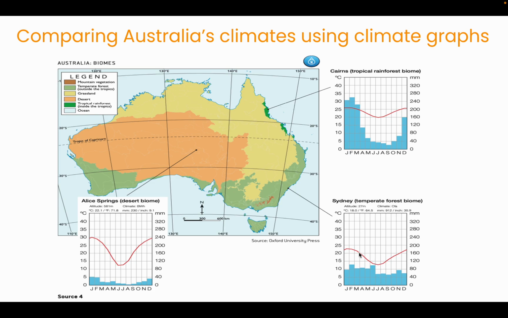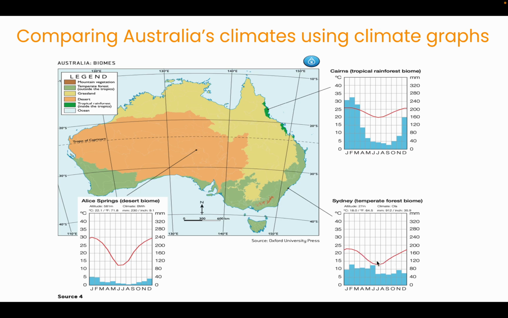Its temperature range is greater than a tropical rainforest, which is quite interesting. I think you probably would have expected a greater range in a tropical rainforest, maybe, but it is closer to the equator, so the temperature is more stable. Whereas the further away from the equator that you go, the less stable the temperature becomes.